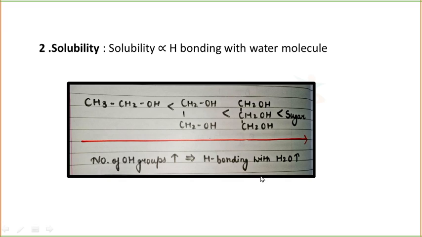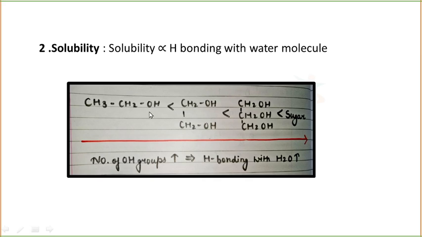Next is the solubility. As solubility is directly proportional to the hydrogen bond, that's why as the hydrogen bonding increases in a particular compound, the solubility also increases. For example, in case of these series or in case of these examples, CH3CH2OH has the least hydrogen bonding as compared to the others.